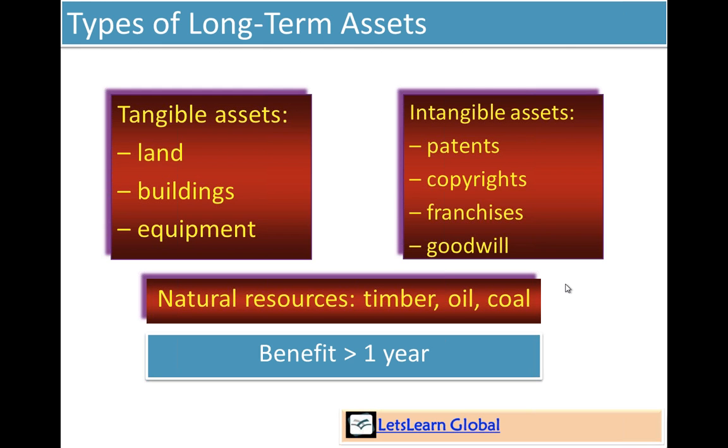In some cases you may have natural resources as well, where you extract oil, coal, timber, gold, etc., which we call natural resources. They are also intangible assets, but I showed you here in a different manner. Tangible, intangible, natural resources. Natural resources, you can add in intangible assets as well.